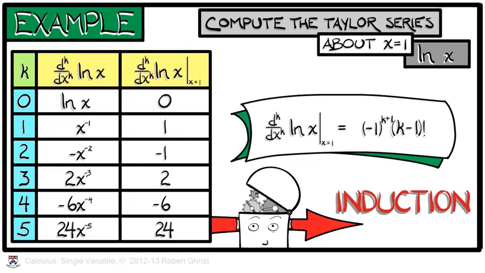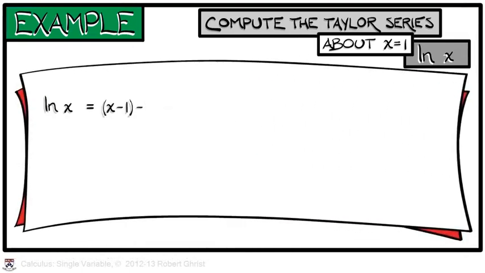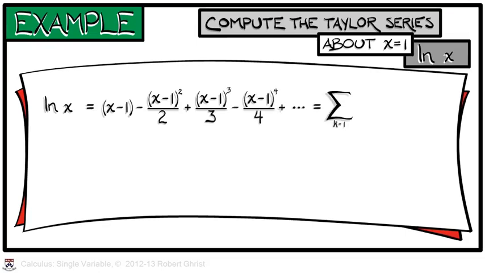Now, to get the full Taylor series, we need to divide this coefficient by k factorial. In so doing, we see a not too unfamiliar series for log of x as x minus 1, minus x minus 1 squared over 2, plus x minus 1 cubed over 3, etc.